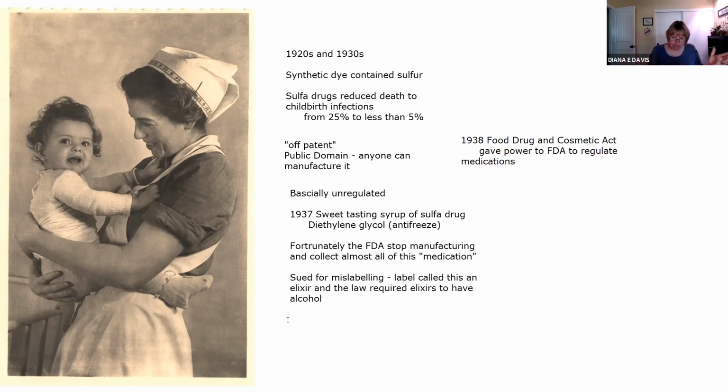So this is a good story because, as far as I can tell, nobody died from this incident, but it could have been very, very tragic. Unfortunately, resistance to these sulfa drugs showed up relatively quickly, but we have penicillin coming down the line shortly after these sulfa drugs, the resistance to these sulfa drugs starts showing up.